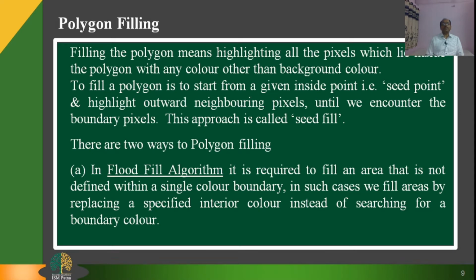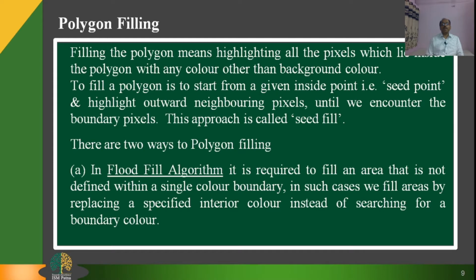So, polygon filling is also done with some assumptions. Filling the polygon means highlighting all the pixels which lie inside the polygon with any color other than background color. Normally background colors are white, but we require some colorful background. So, we fill a polygon surface.